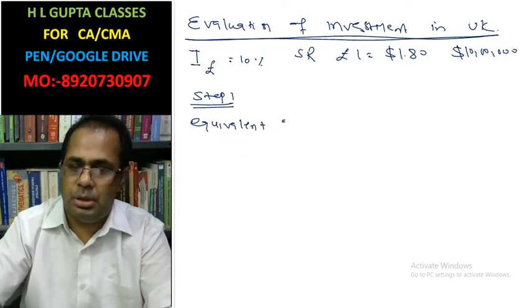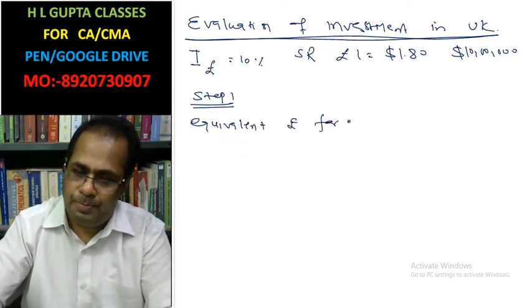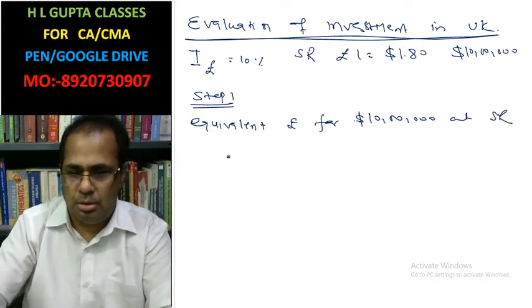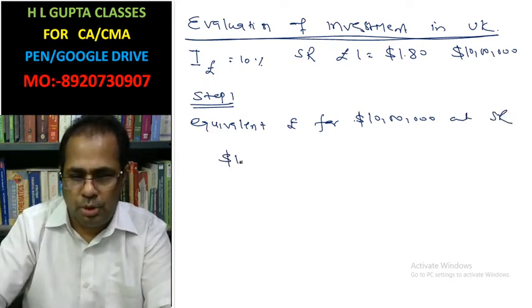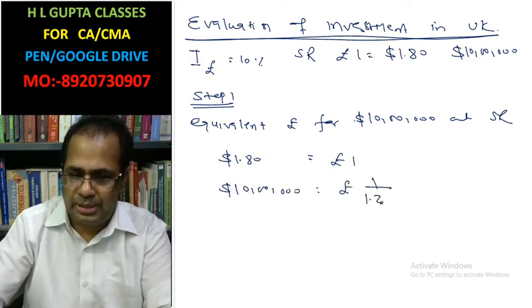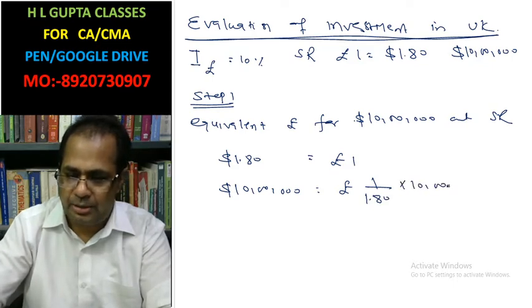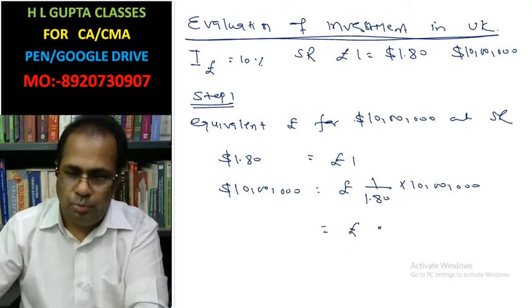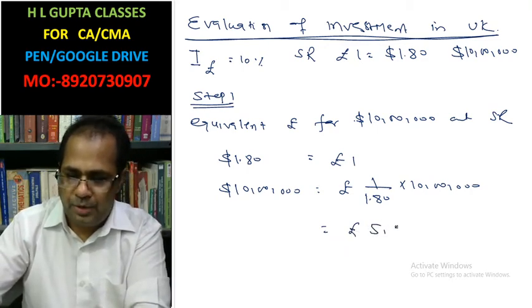Equivalent pound for dollar 10 lakh at a spot rate: dollar 1.80 equal to pound 1, so dollar 10 lakh equal to pound 1 upon 1.80 into 10 lakh. You have 5,55,554.